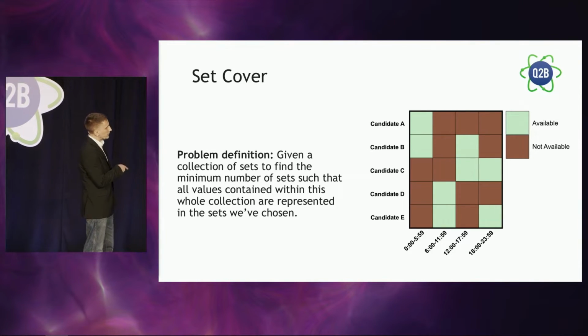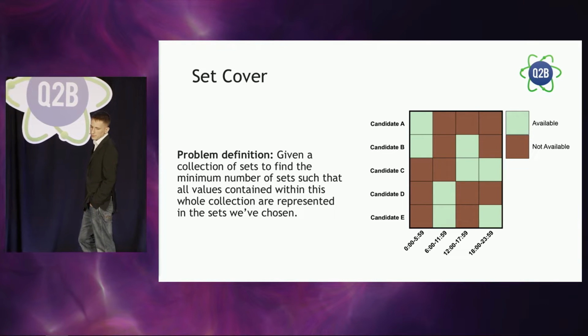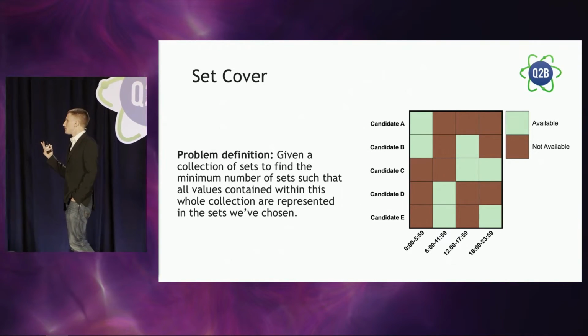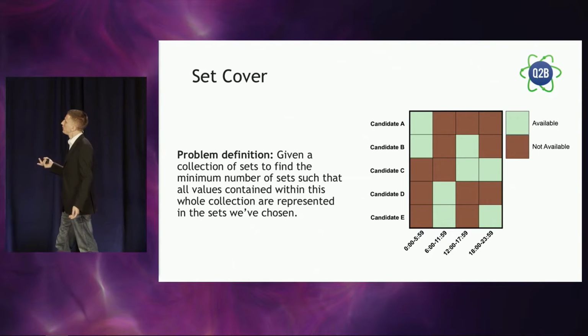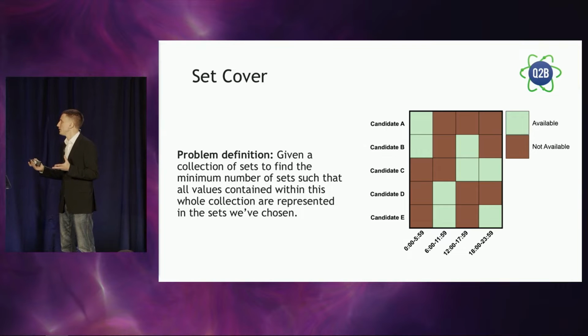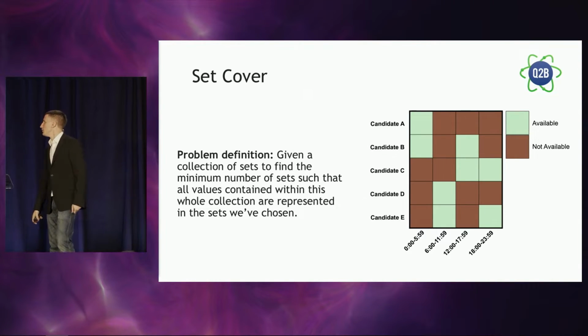And we have the following candidates shown in the picture, candidates A to E, who are available in different time slots. So the question here is, which candidates should we hire? We hire the minimum number of candidates, and we still get 24-hour surveillance in our lab. You can see that here it's pretty easy, and candidate B and candidate E are the answer.